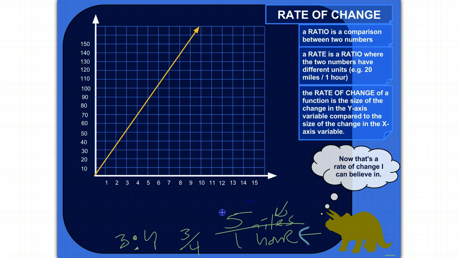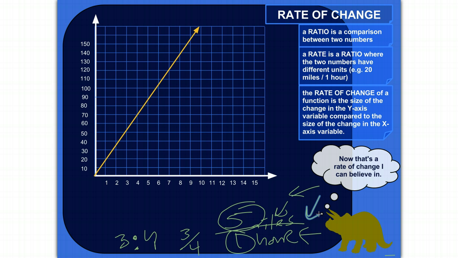These numbers don't mean the same thing. 5 miles is different from 5 hours or 1 hour or 2 hours. So that's a rate. When we talk about a rate of change, it's a change in one of the quantities relative to the change in the other.